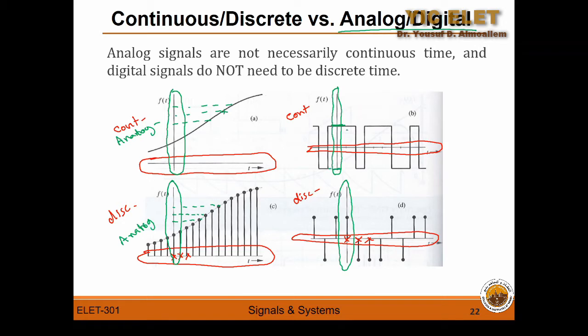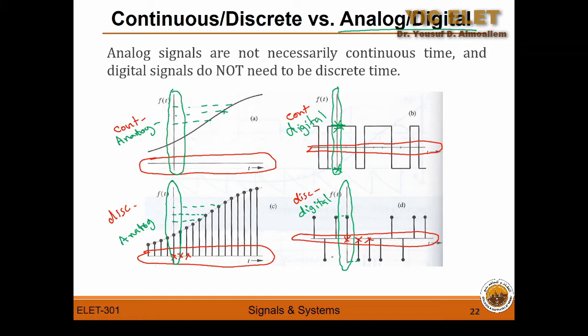So only here or here. You cannot take any numbers in between. So that is called digital, and that is called digital value. So again, this can take either this side or that side.